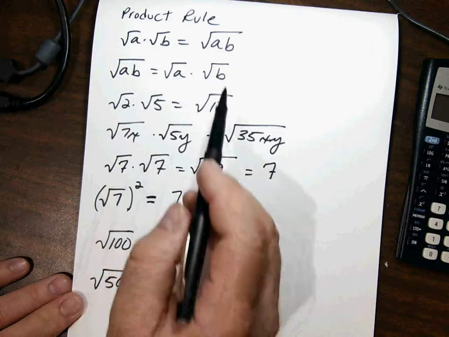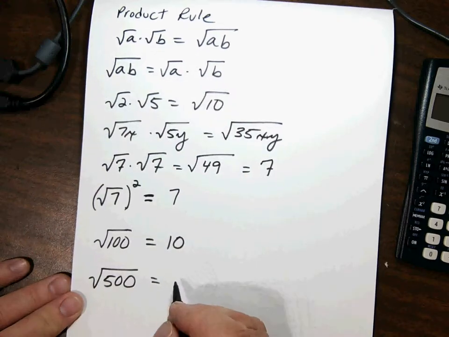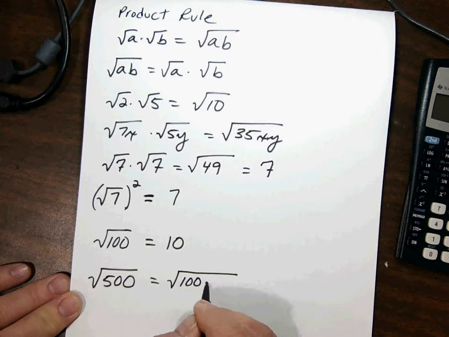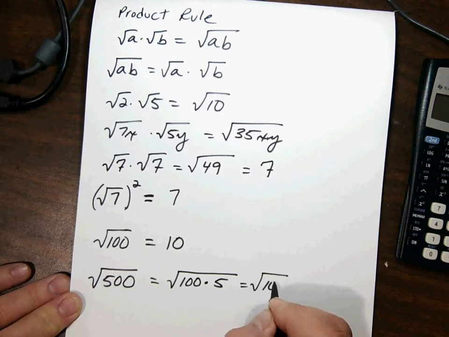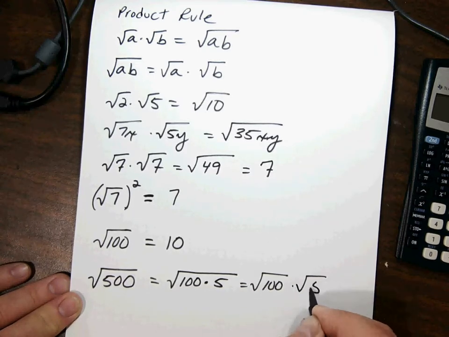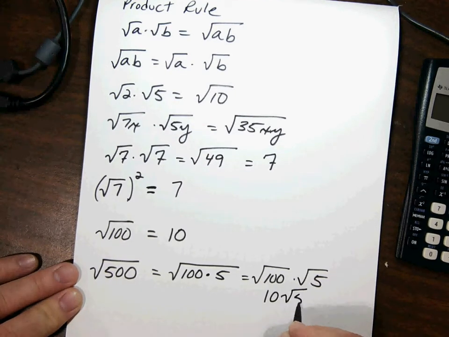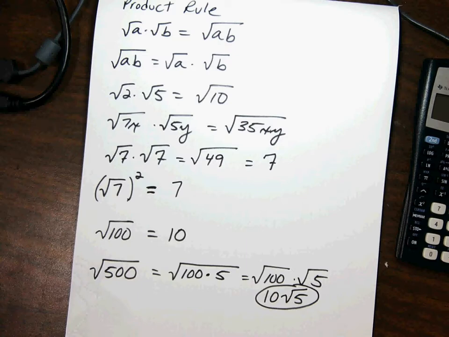However, from these properties, I know hidden inside my 500 is a 100, because 500, if I factor it, becomes 100 times 5. So I can pull that radical 100 out separately and call it radical 100 times radical 5. And radical 100 I know is just a good old 10. So this simplifies into 10 times the square root of 5, or 10 radical 5.